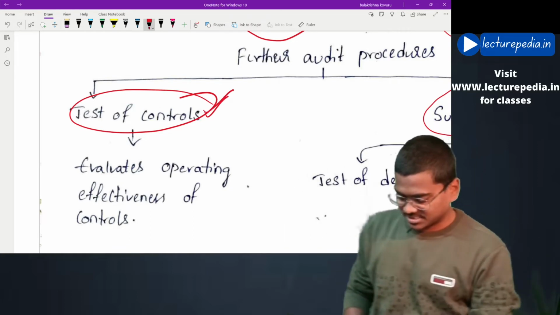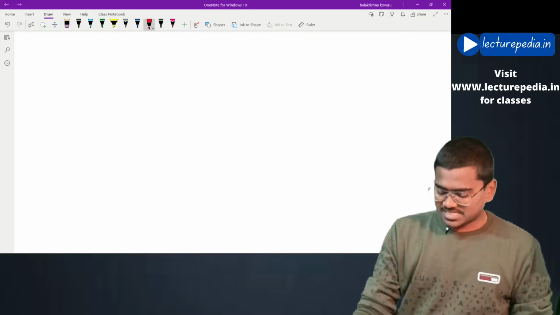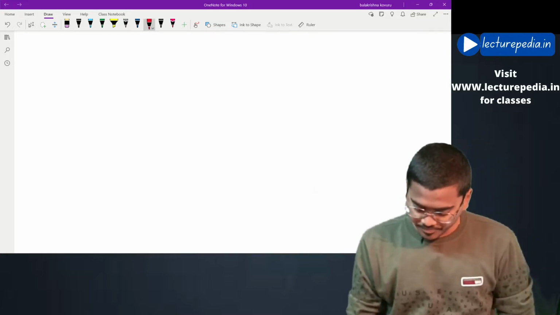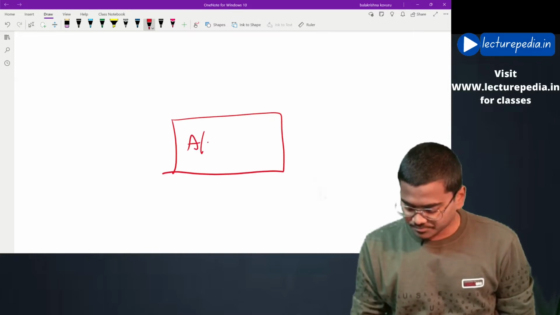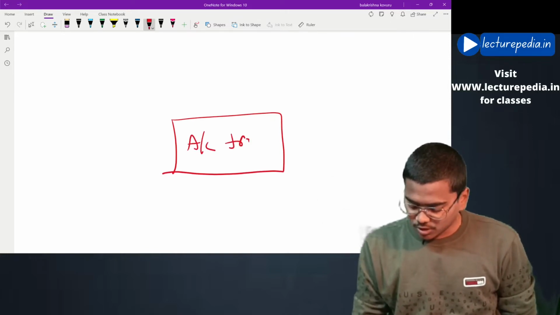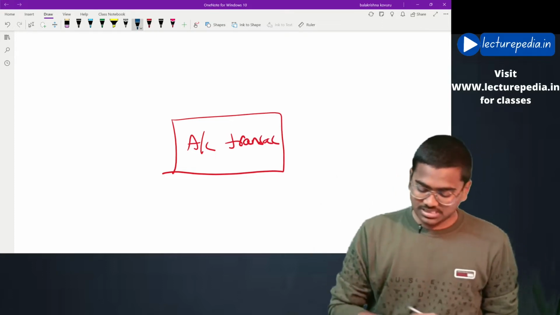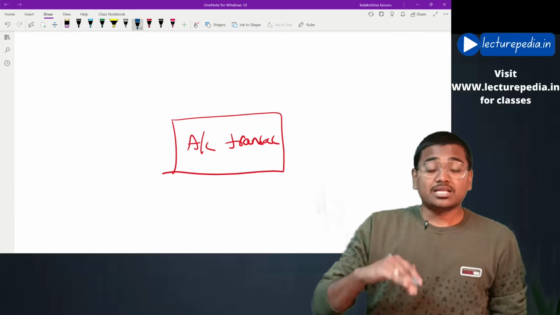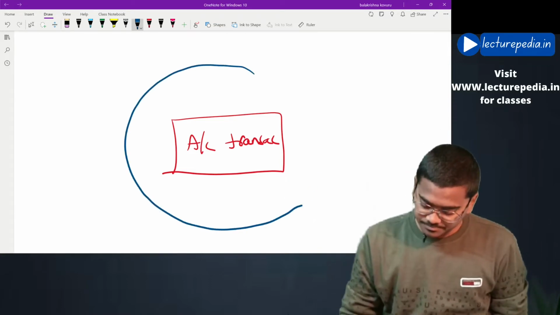Let us understand this. See, basically, let's say this is the accounting data, or you can say these are the accounting transactions in the entity. Now, around these accounting transactions, the management will implement controls.